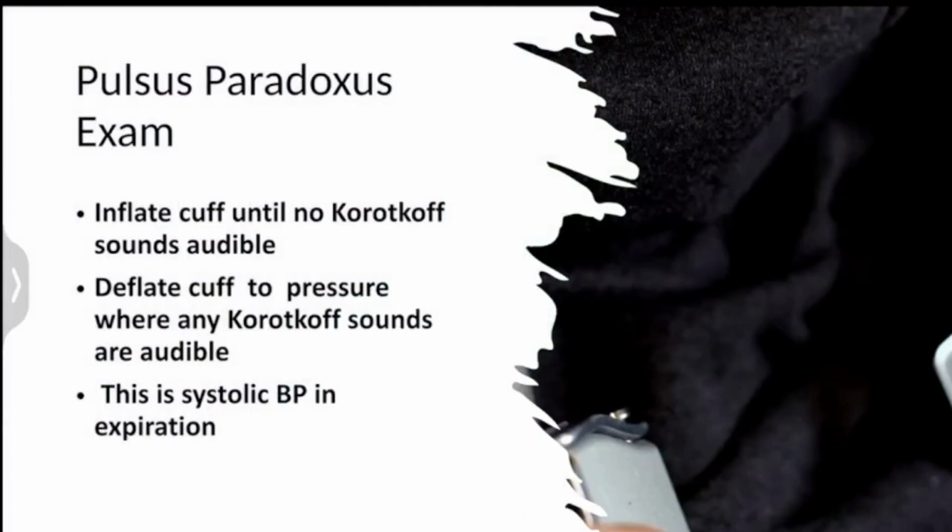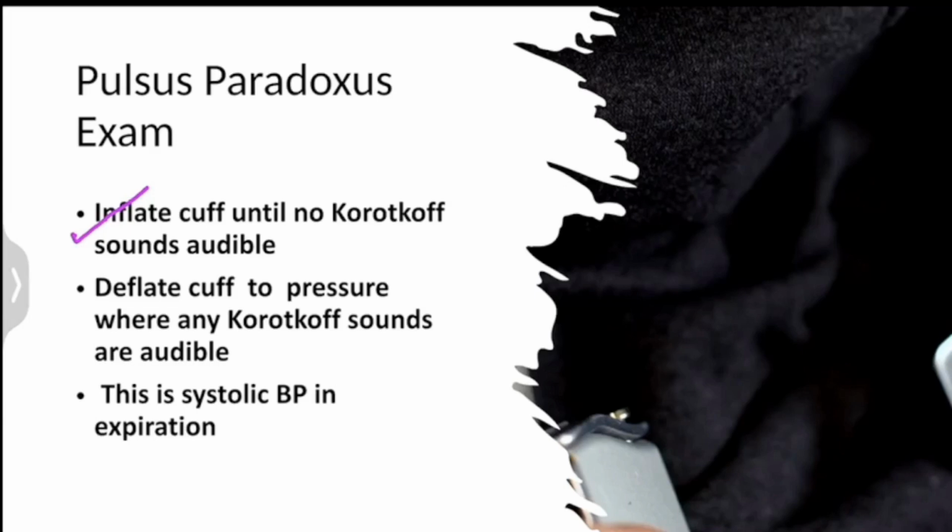Now we look into how you will measure the Pulsus Paradoxus. This is by using the sphygmomanometer. Inflate the BP cuff until no Korotkoff sounds are heard. So you inflate the cuff 20 millimeters above the palpatory systolic blood pressure, as usual.